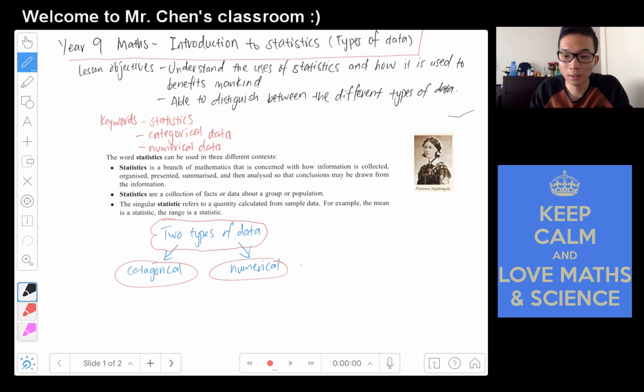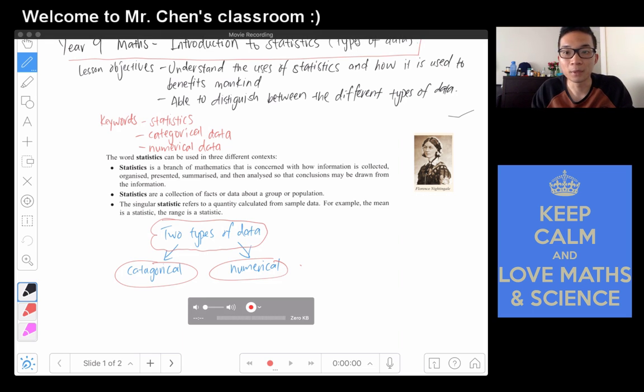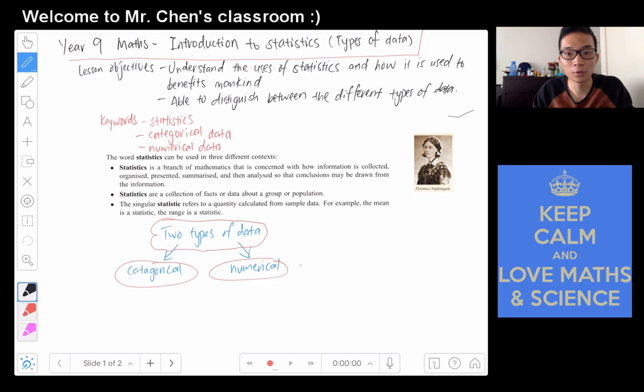So today we are going to look at a new topic because we have just finished with our geometry. So the next topic for the remaining of term 4, we will be looking at statistics.